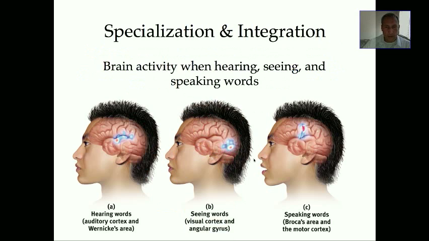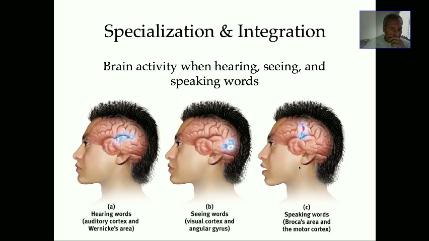If we have trauma to the auditory cortex or Wernicke's area, you might have difficulty with speech comprehension. If you have damage to the visual cortex or the angular gyrus, you are going to have a hard time reading. If you have damage to Broca's area or the motor cortex, you might have trouble speaking.